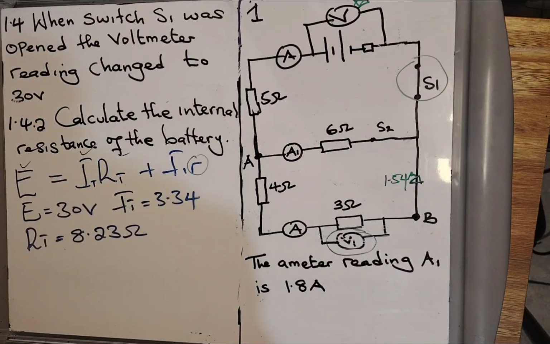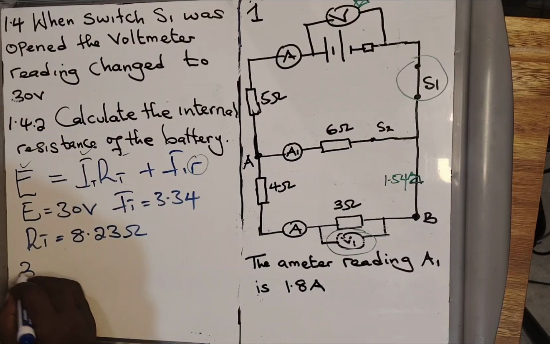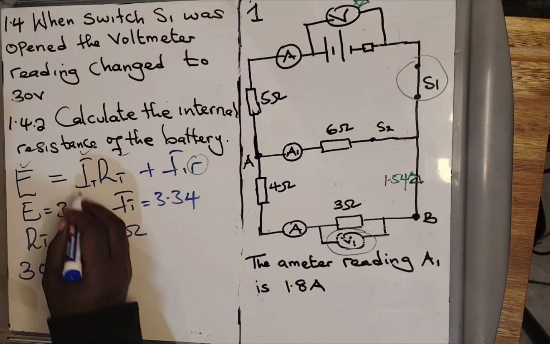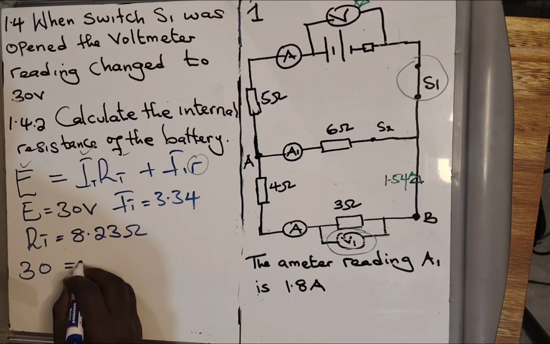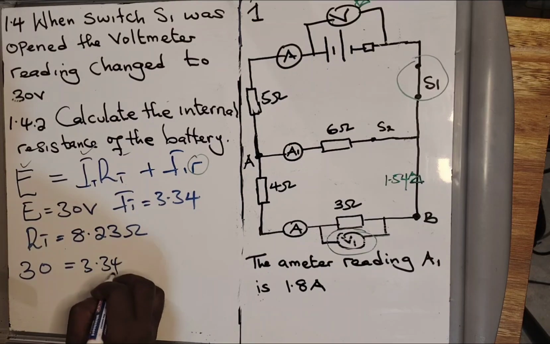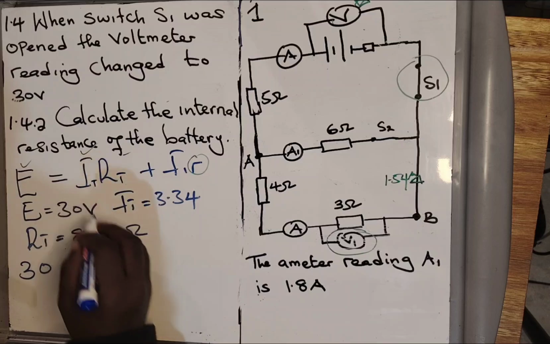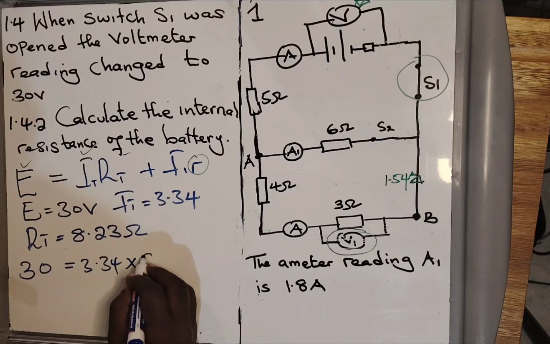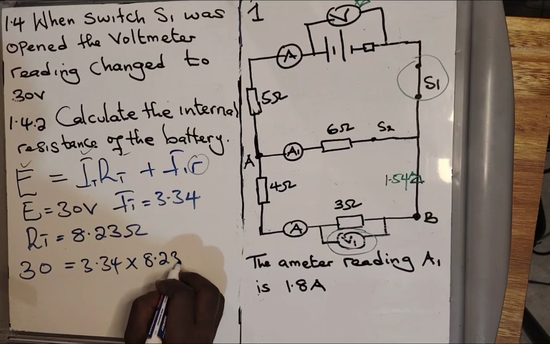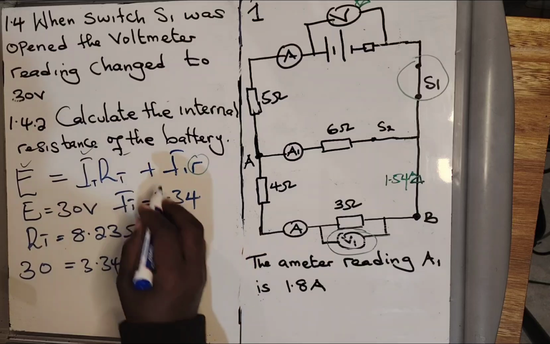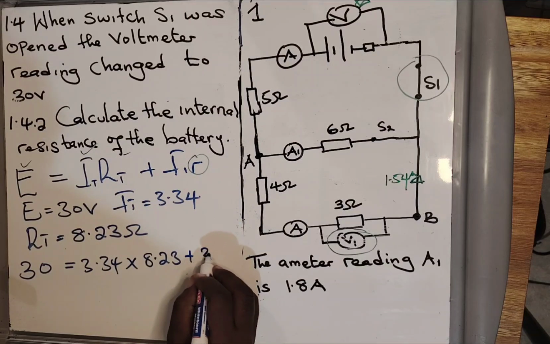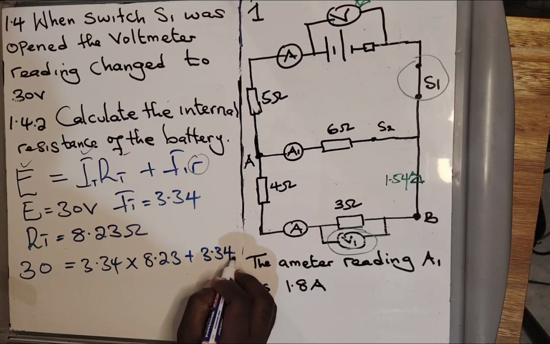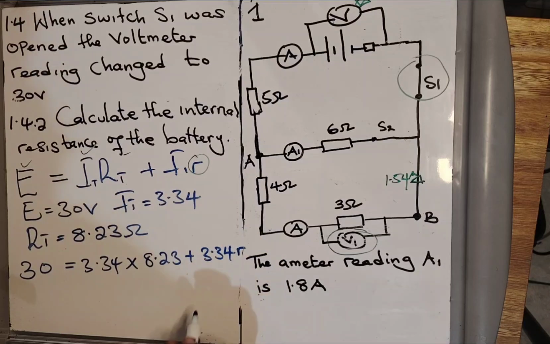So when you substitute, you're going to get 30 equals our total current, 3.34, times our total resistance, which is 8.23, plus our total current, 3.34, times the internal resistance. From here, you perform the computation to get the internal resistance.